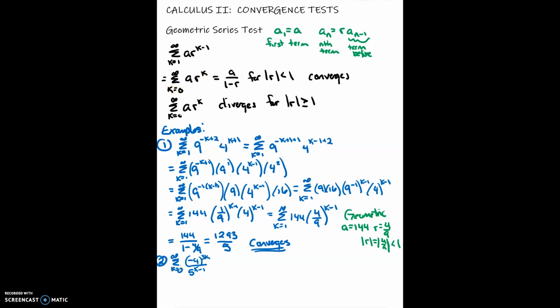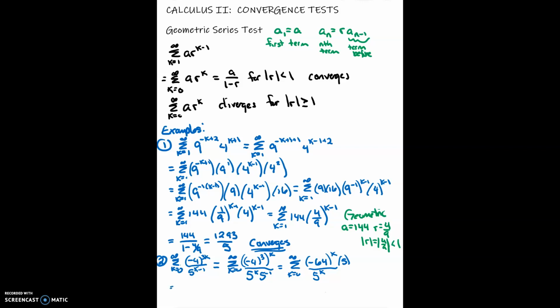So in the numerator, I have -4 to the 3rd, and then that's raised to the k power. In the denominator, I can write this as 5 to the k times 5 to the -1. -4 to the 3rd power, that's -64 raised to the k. In the denominator, we have 5 to the k, but remember 5 to the -1 actually moves up to the numerator, so we have 5 there in the front.